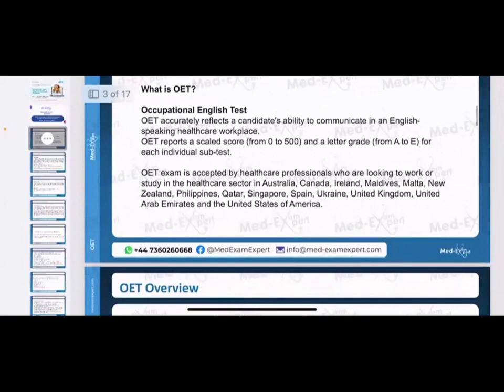So the OET exam is accepted by healthcare professionals who are looking for work or study in healthcare sectors. I'm just going to name a few countries so that it may give you a clear idea which countries are accepting this exam. It is accepted by Australia, Canada, Ireland, Maldives, Malta, New Zealand, Philippines, Qatar, Singapore, Spain, Ukraine, United Kingdom, United Arab Emirates, and United States of America.